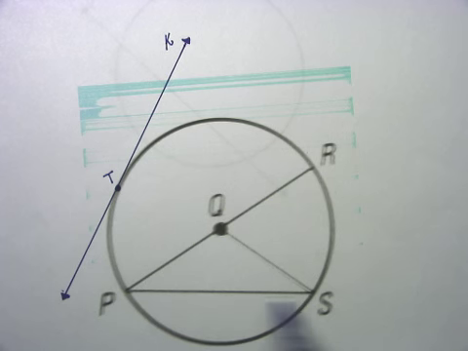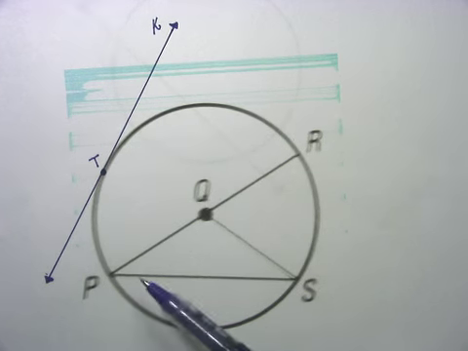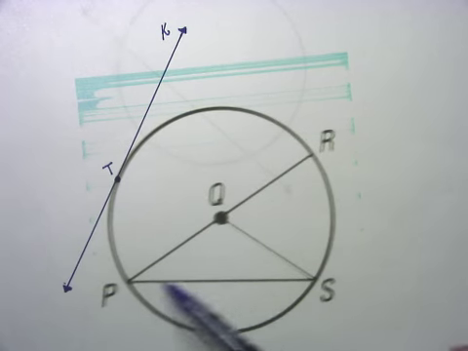We also have a chord in this circle. Segment PS or segment SP is a chord. The definition of a chord is a segment that touches the circumference in 2 points.